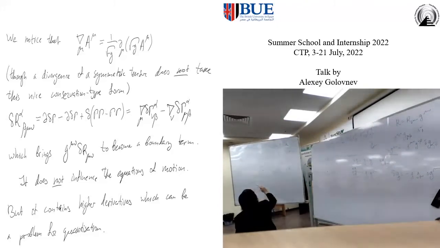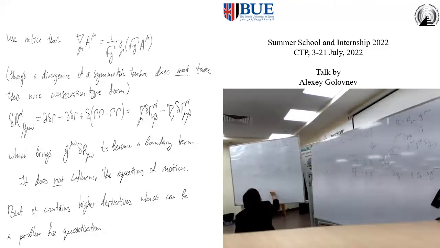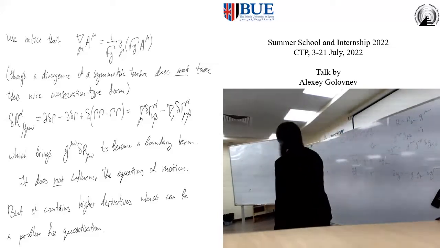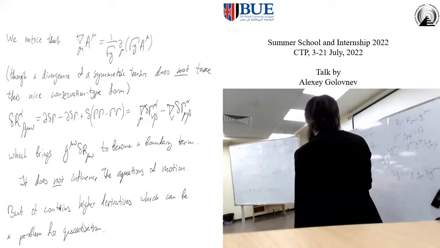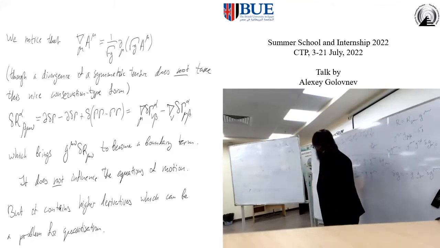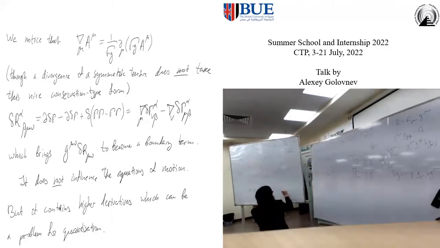Basically this one cancels this one, and I get plus 1/2 g alpha beta d mu g alpha beta. I get it without the minus sign, because here I have lower indices and there upper indices, so it's vice versa.